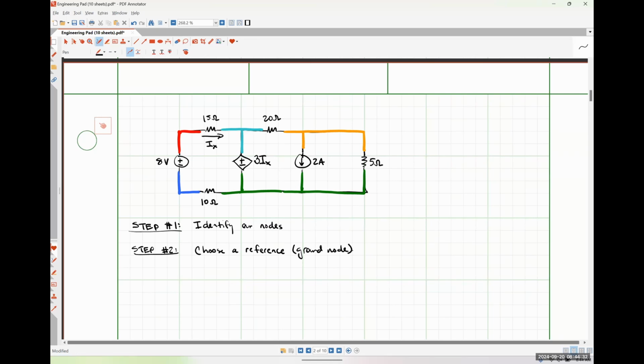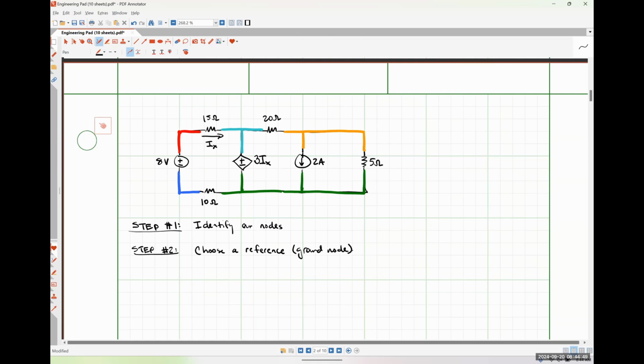So whenever we have voltage sources present, typically speaking, I would choose the node that touches the most number of voltage sources possible, okay? And you'll see why that is in a couple of minutes.